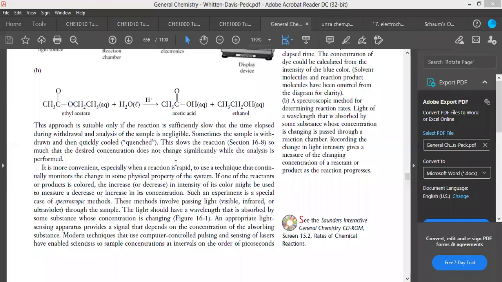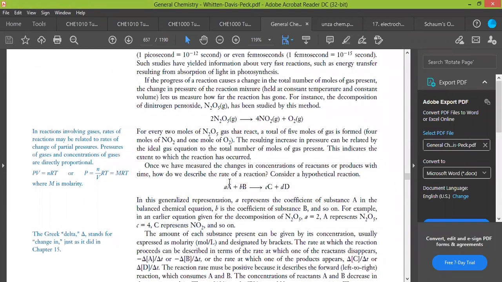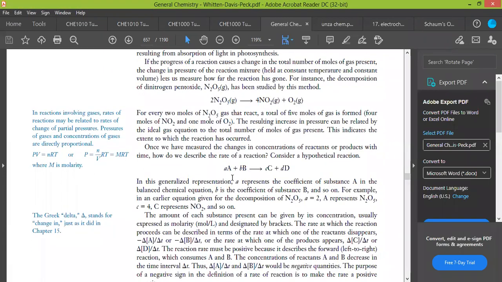So the rate of the reaction is going to be equal to, when you are looking at the reactants, rate is equal to negative delta, or negative change, that triangle symbol.